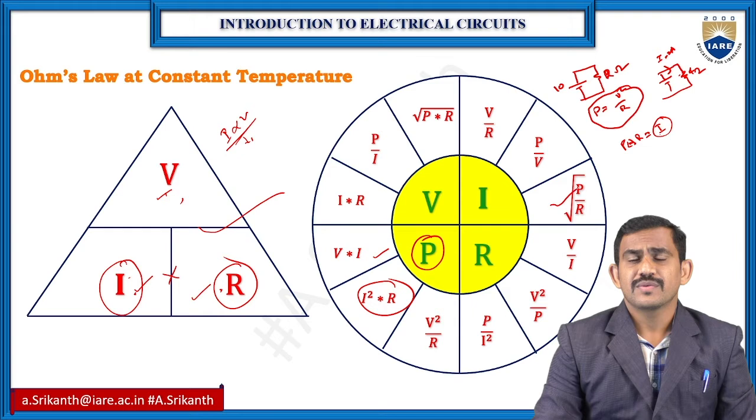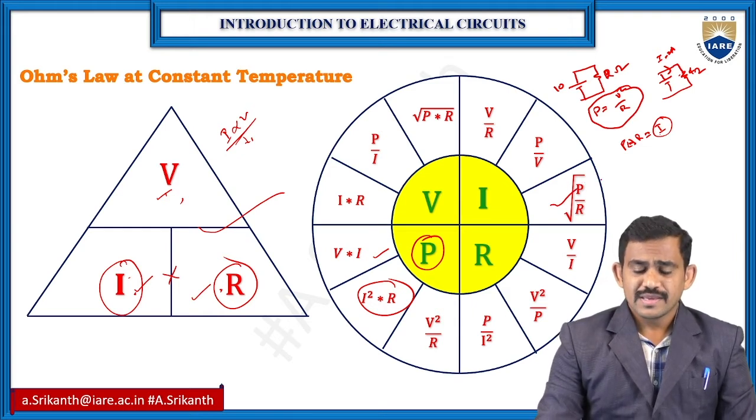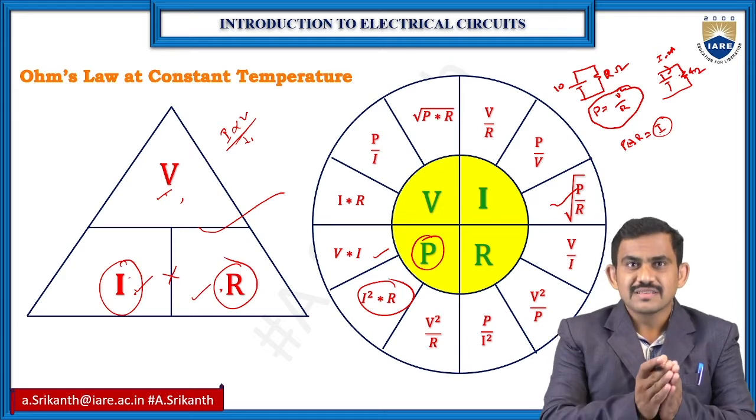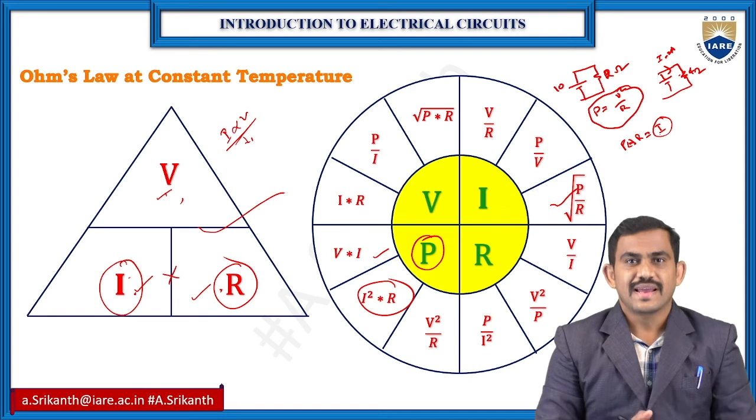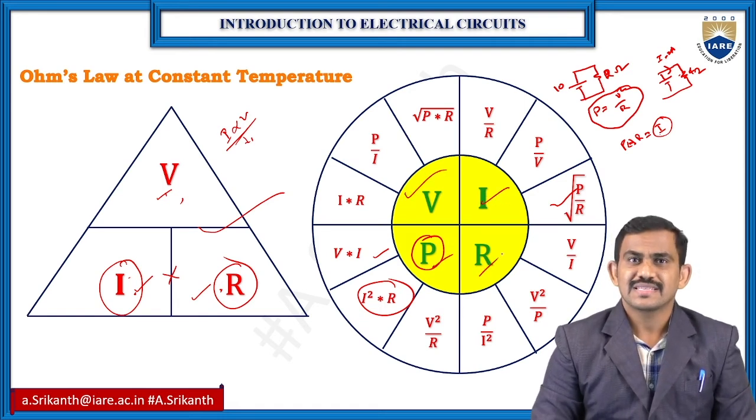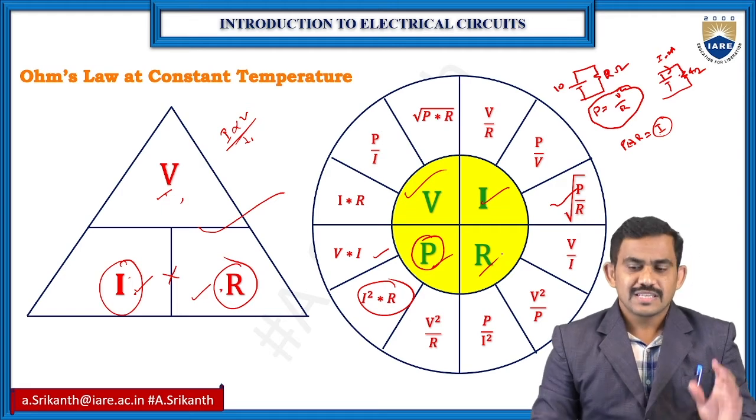Then I equals root of P by R. It depends upon the examiner. If you have any two values, you can find the remaining values using these formulas for V, I, P and resistor. This is from Ohm's law.